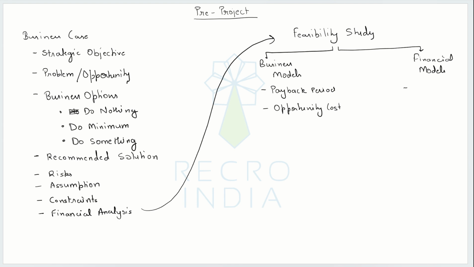And there are three financial models that we have: return on investment, net present value, and internal rate of return, IRR.